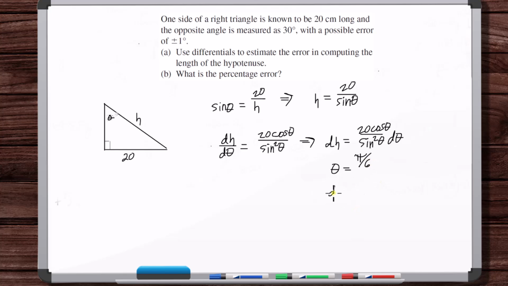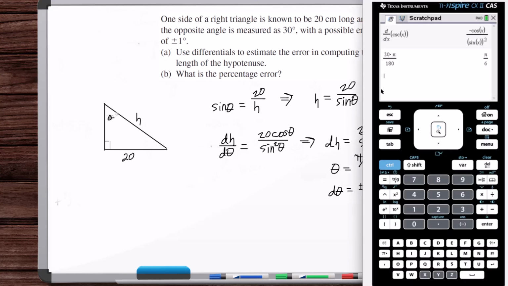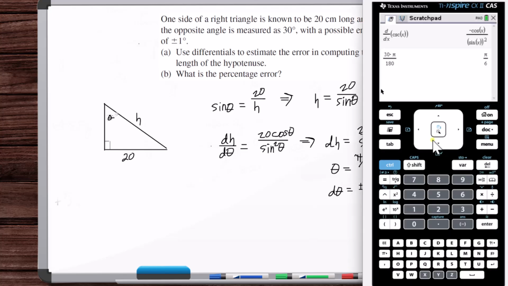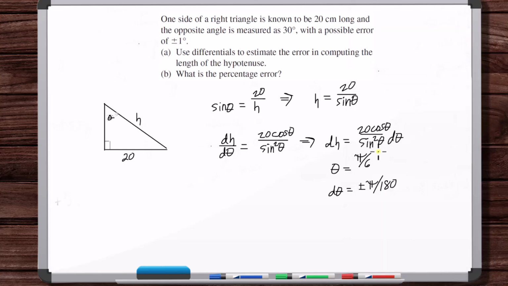And then d theta is plus or minus, so that's going to be pi over 180. So, okay, that has a minus. So this is going to be minus.